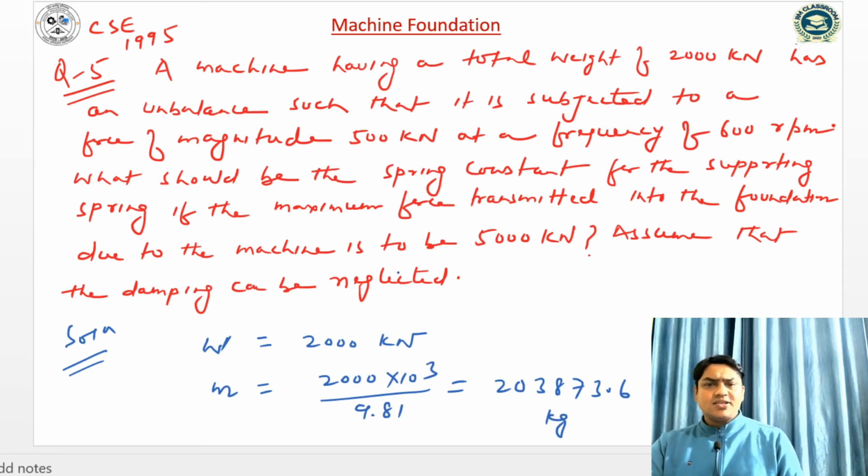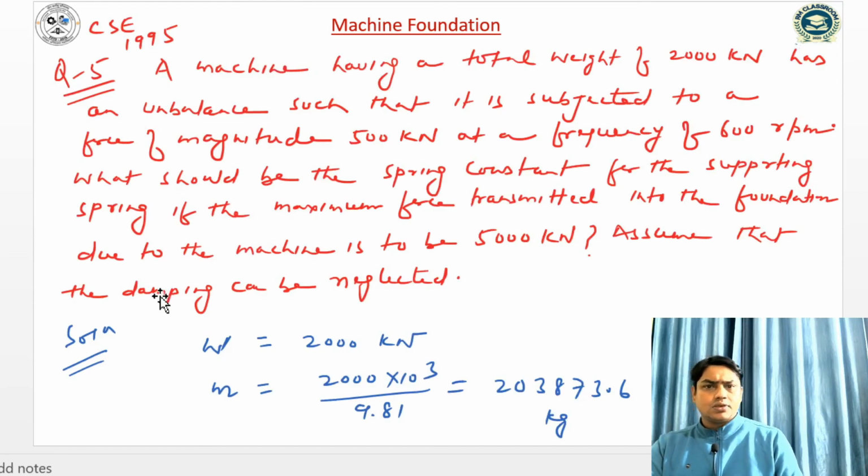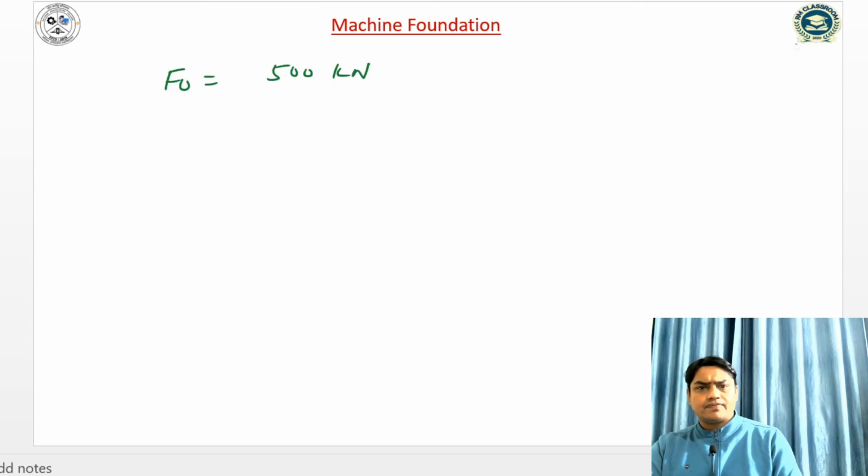It has an unbalance such that it is subjected to a force of magnitude 500 kilonewton. So the unbalanced force is 500 kilonewton at a frequency of 600 rpm.